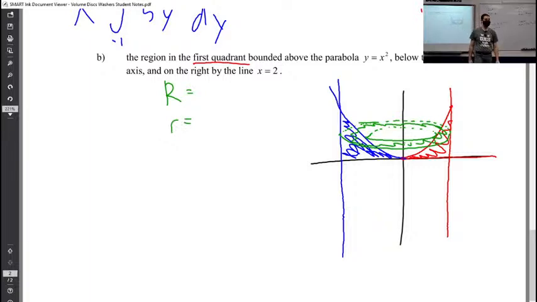Since we're spinning over the y-axis, we should be in terms of y.